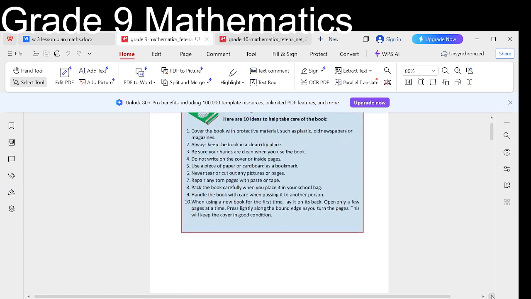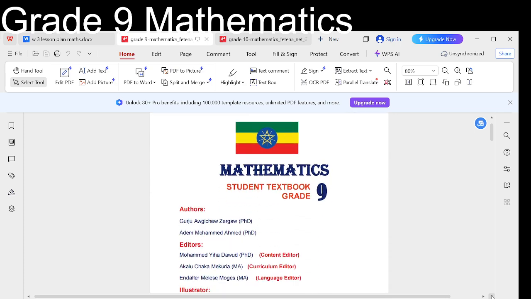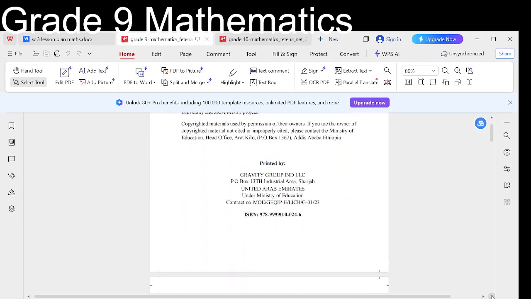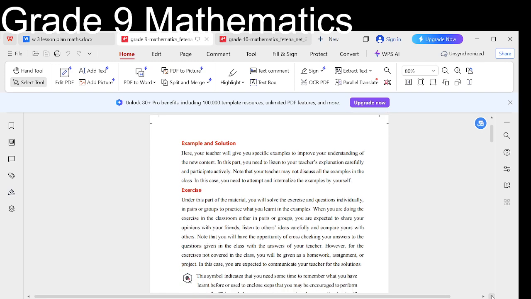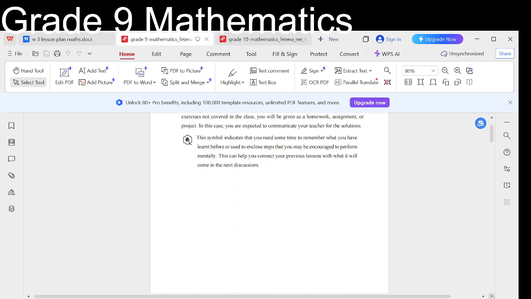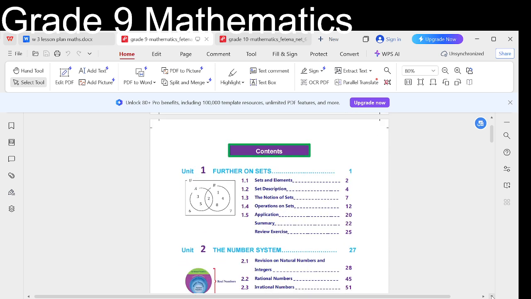So going down the page, look down, and here we have 9 units in grade 9 that we're going to look at.